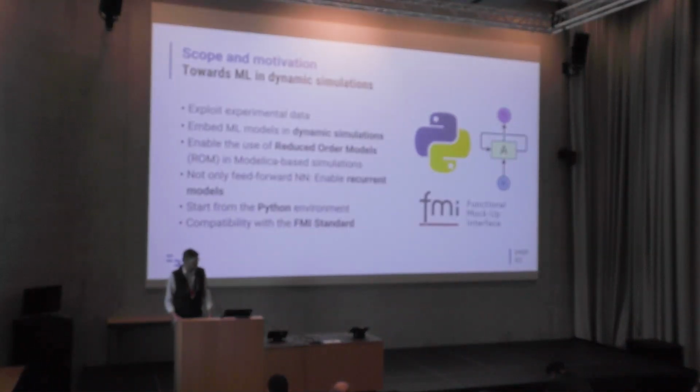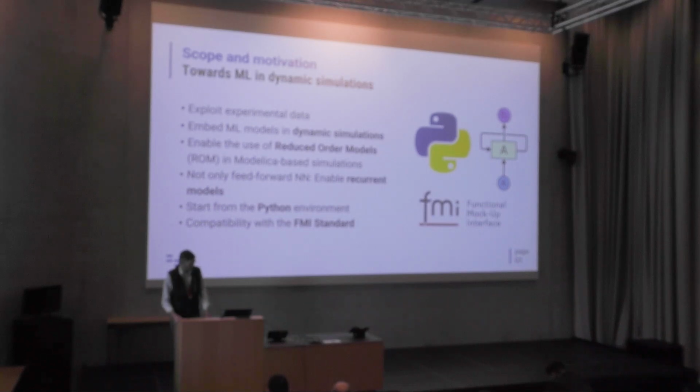As I said, we needed a way to exploit the data that we produce in the development of system modeling. In particular, we develop dynamic simulations based on Modelica, and we needed to work with reduced order models of more complex CFD models.